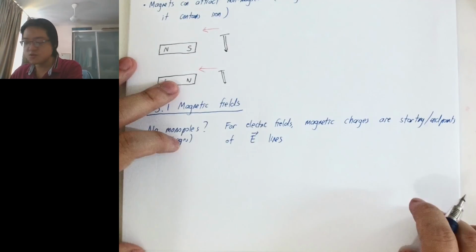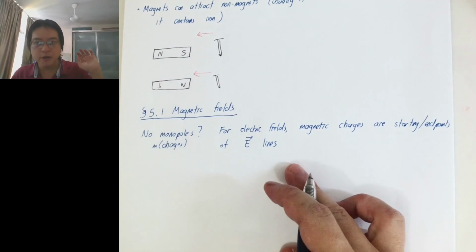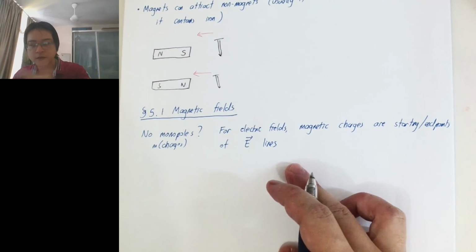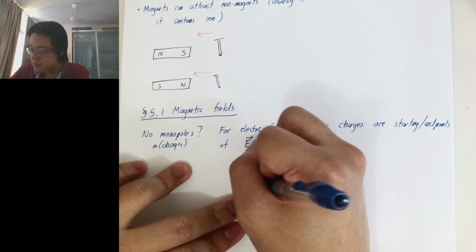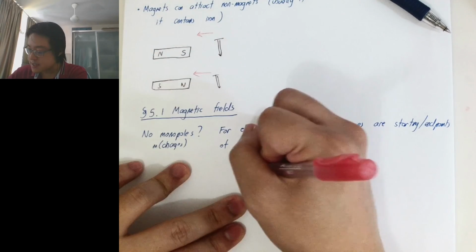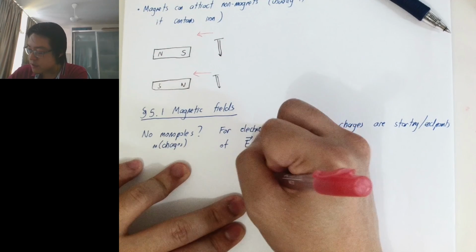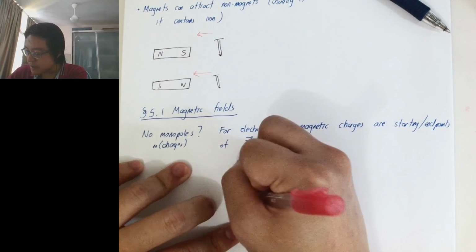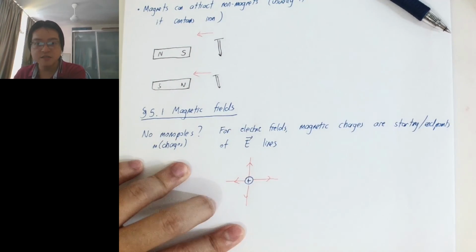I'm just repeating what we know about electric fields, then later we contrast what happens to magnetic fields. So remember, if I have a positive charge, it is a source of electric field, so the electric field comes out of positive charges.